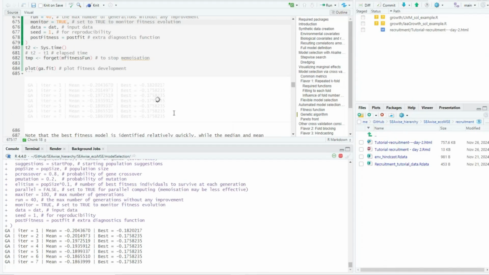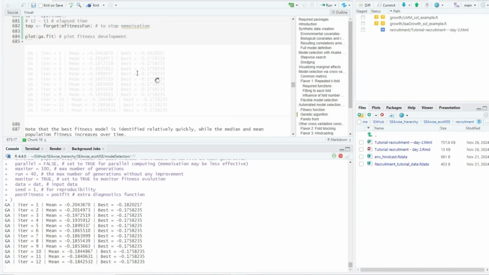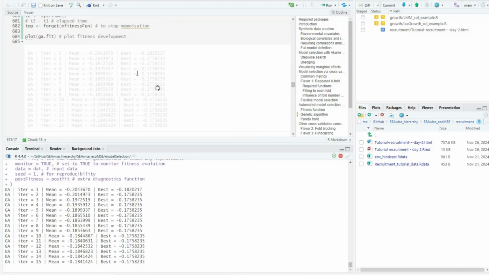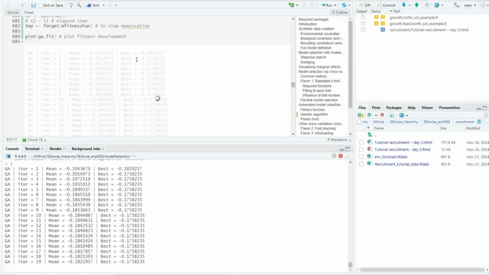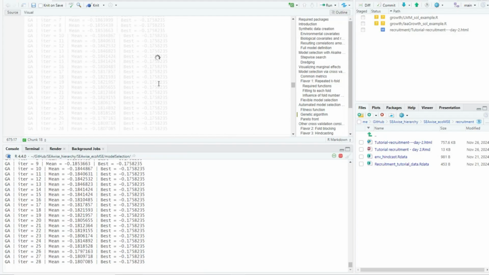It starts off kind of slow, but now you see it speeding up because it keeps hitting these combinations of coefficients that it's already evaluated. So that's this memoization aspect coming into effect.